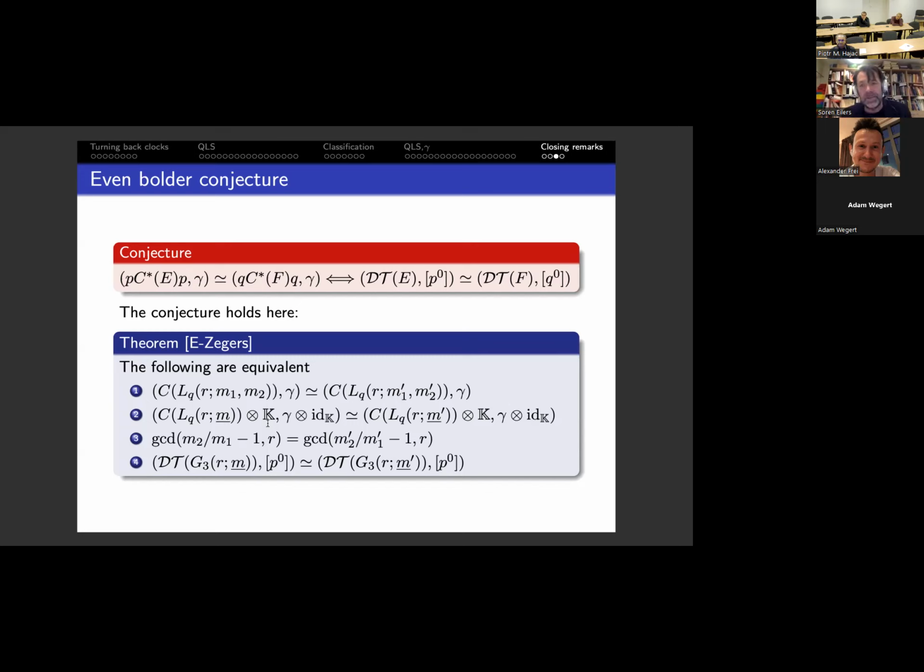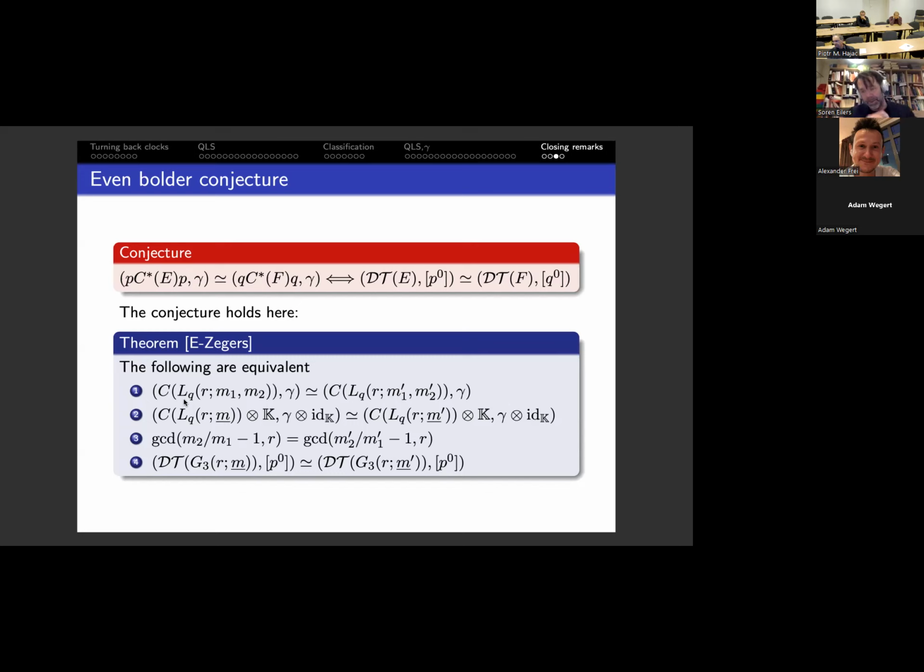So the evidence for this to be true is very, very thin, but it's true here. We have checked that if we do it for the thing that I just told you, it works out. If you take the dimension group in this particular situation and the class of the relevant projection, then they will be isomorphic in the appropriate way.